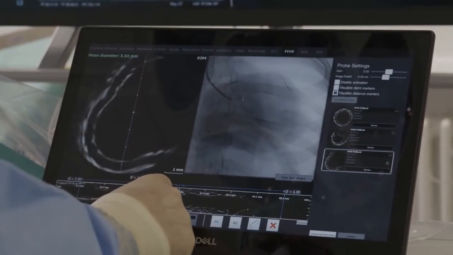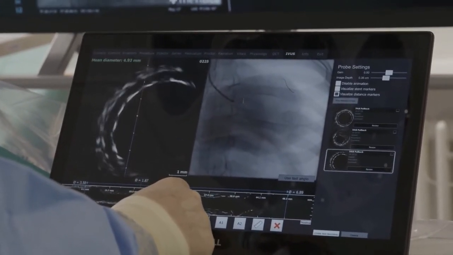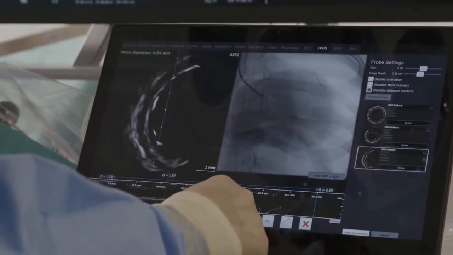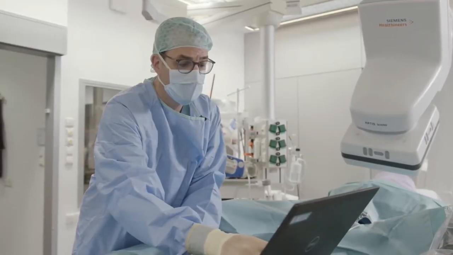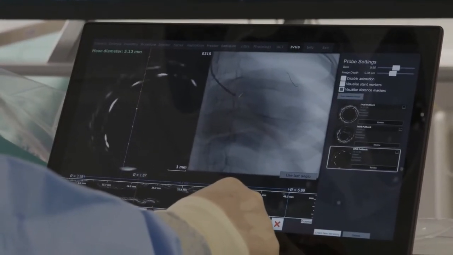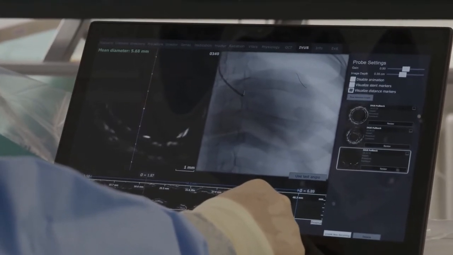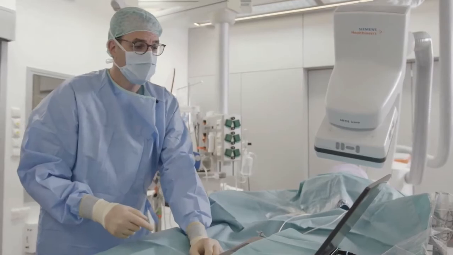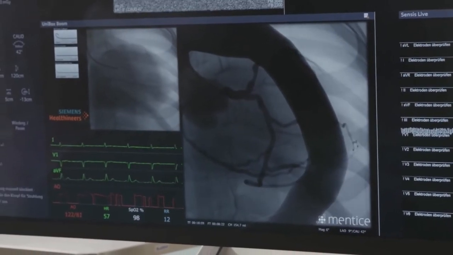This is now the IVUS of the stent, and as you may appreciate, at least half of the stent is very well apposed. There is no malapposition and no underexpansion, and we are almost close to the ostium there. The second thing we have to check is the FFR.